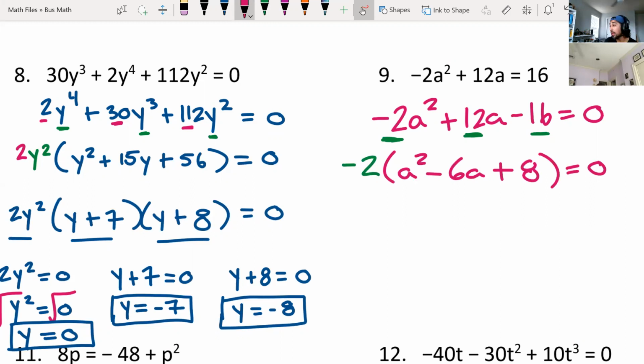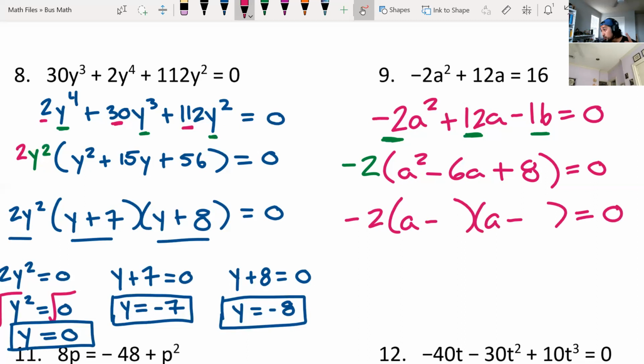Okay. And now we have to factor the inside polynomial, the trinomial. And if you look at the signs, minus plus, that means it's going to be minus minus. So bring that -2 down, and we'll get a minus the number times a minus the number.